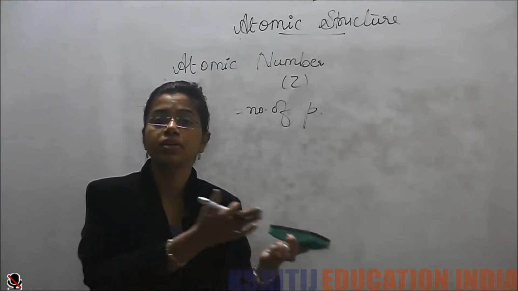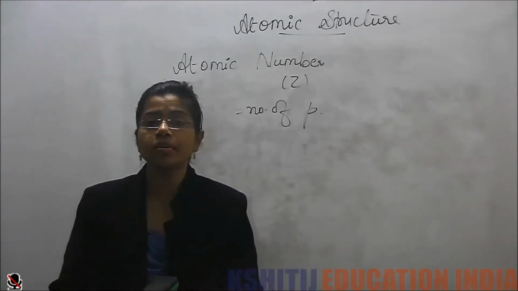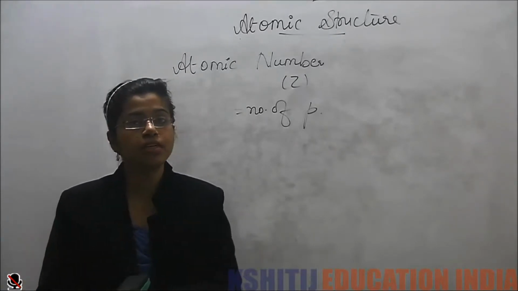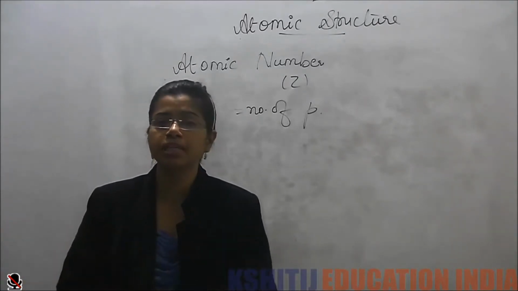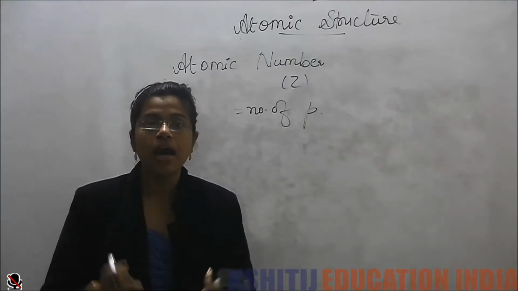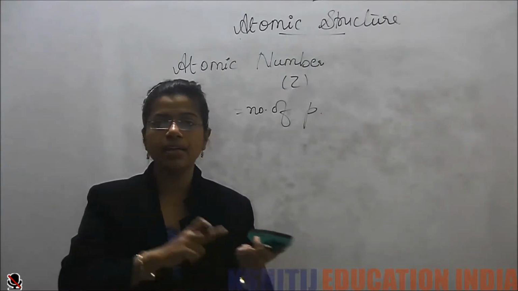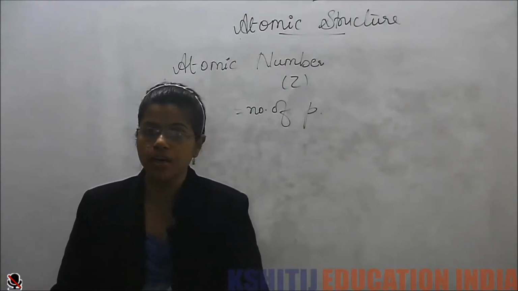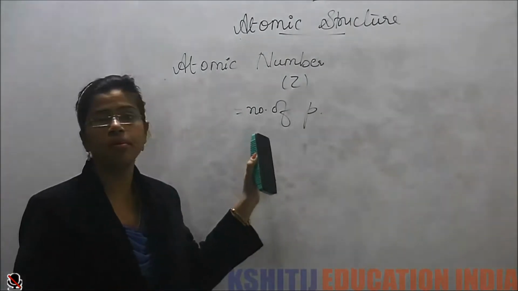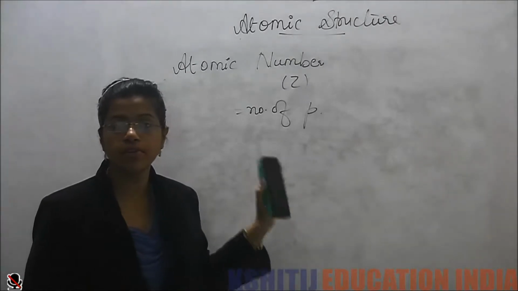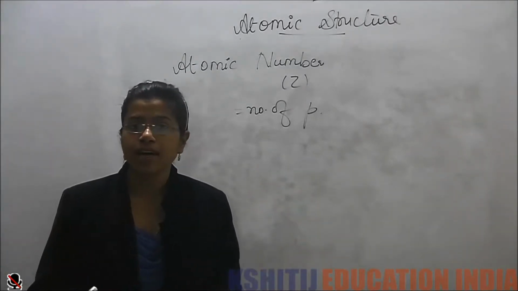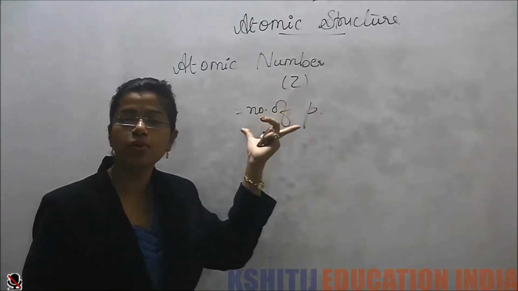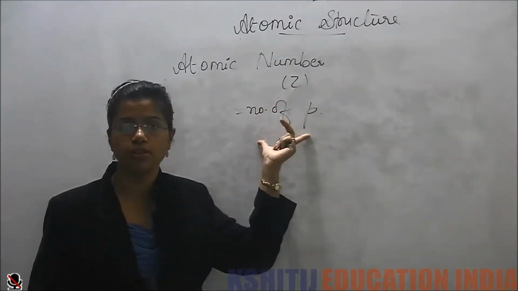So obviously the total number of protons will be equal to the number of electrons. So in that case we can say that the total number of electrons can also be known from the atomic number. But if it is an ion, a cation or anion, a positively charged ion or negatively charged ion, in that case atomic number will not be equal to the number of electrons. That is why it is better to say that atomic number depends only on the number of protons.